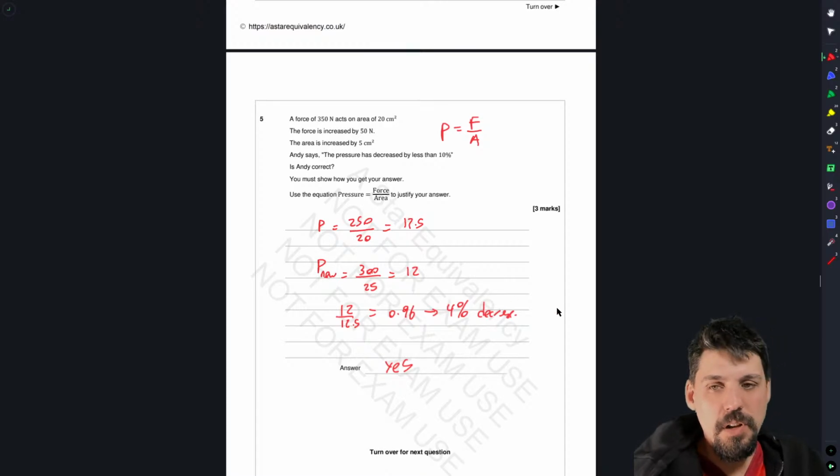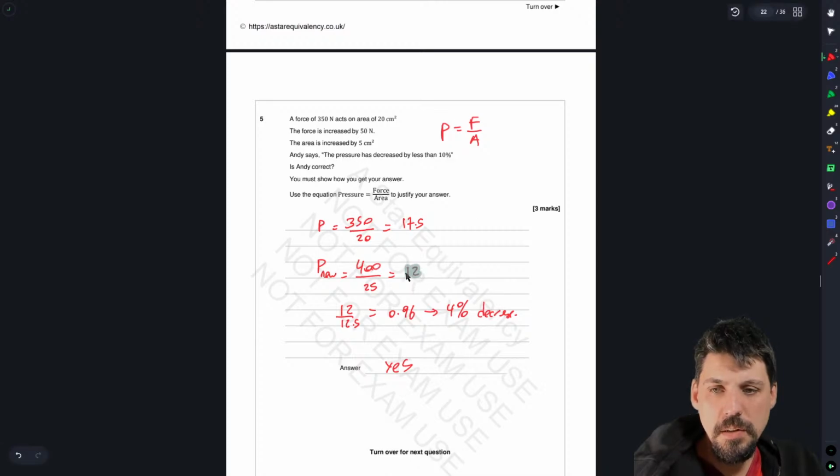Oh, I agree with James. It'd be so easy to just muck up somewhere in here. For example, right here, that's 350. Right there. So we've got to redo all of this. I'm glad I caught that. So that goes to 400 over 25, which is now 16.